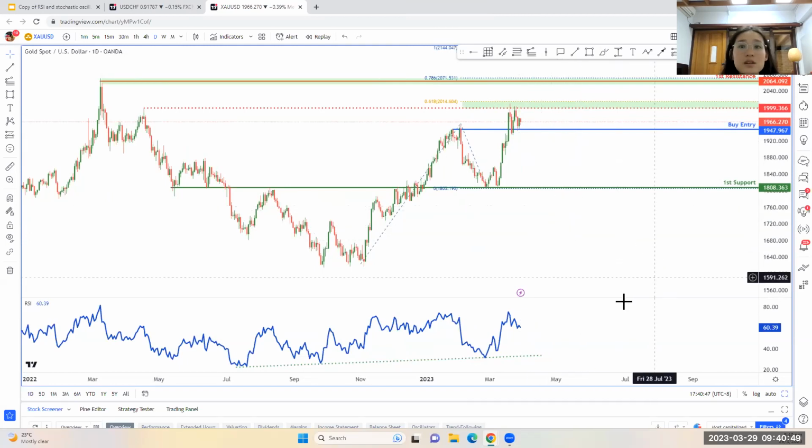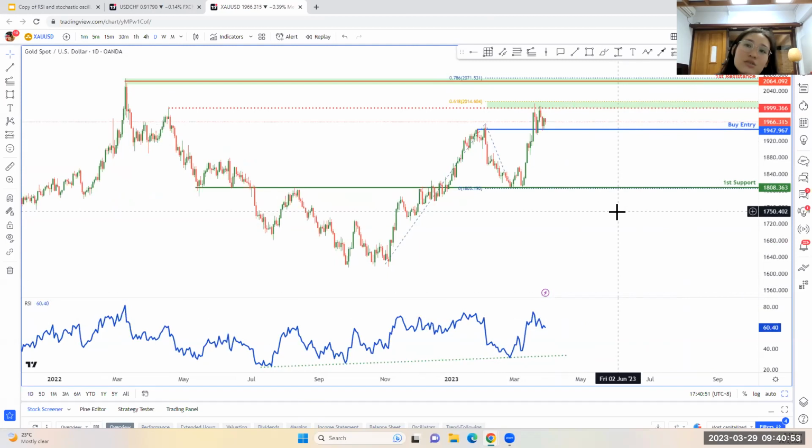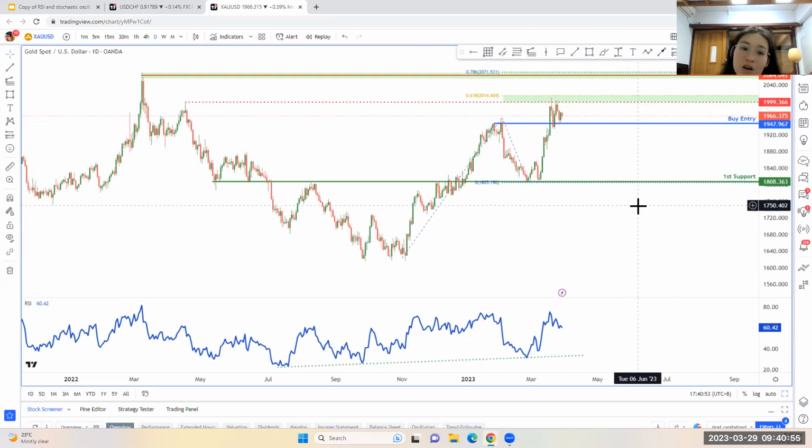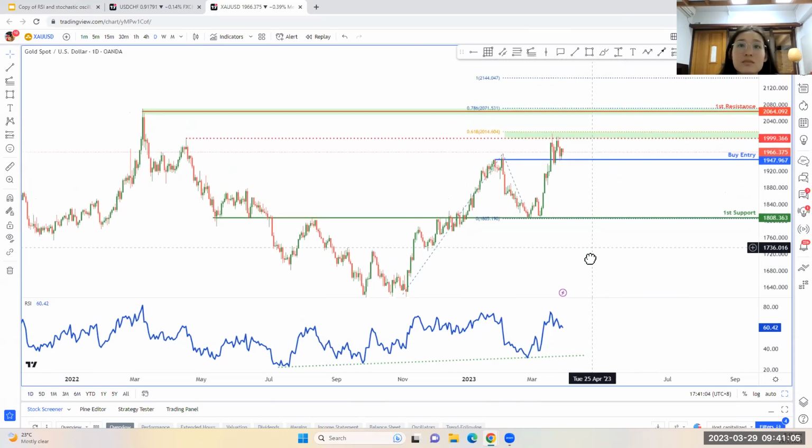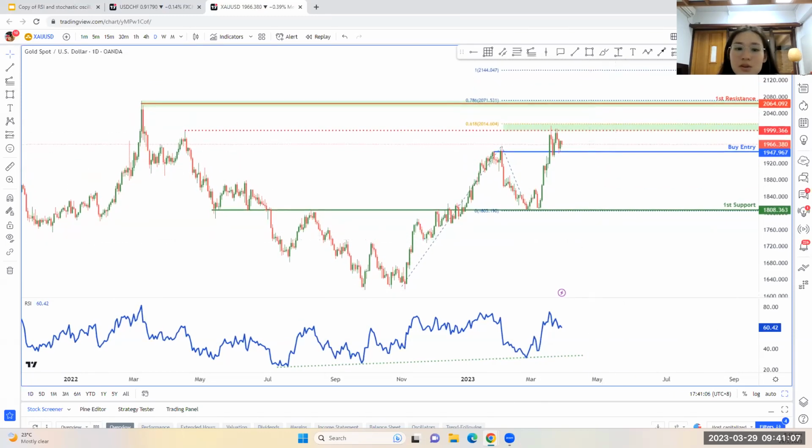Next, we're going to look for divergences or hidden support and resistances.